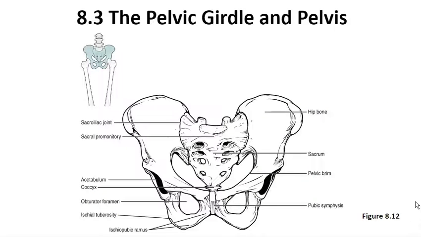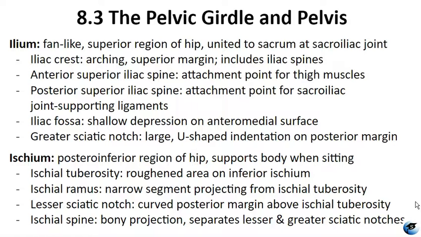Figure 8.12 shows the location of the pelvic girdle, and it illustrates how it is formed by a single large hip bone. The hip bone attaches to the lower limb and to the axial skeleton through its articulation with the sacrum. The right and left hip bones plus the sacrum and coccyx together form the pelvis. The three fused bones of the hip are named the ilium, the ischium, and the pubis.